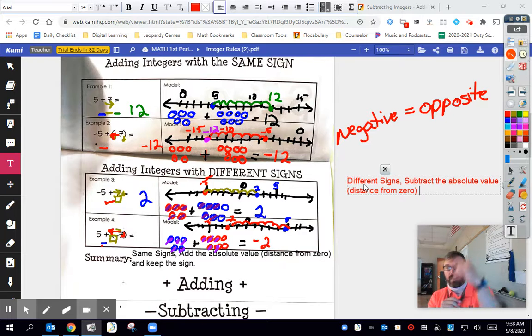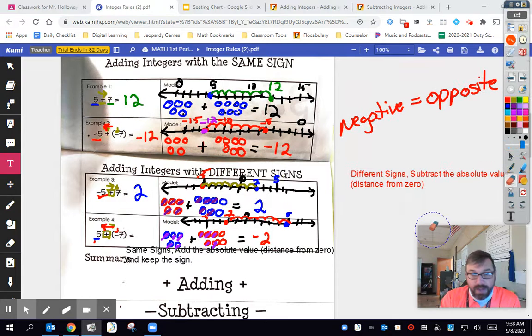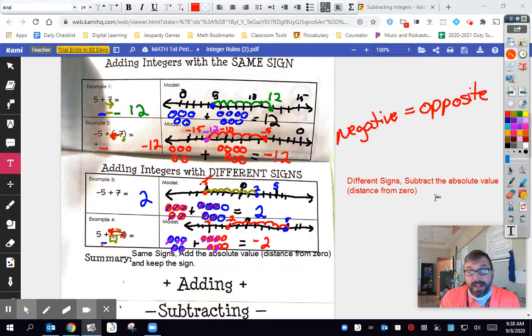But how did I figure out if it was positive or negative? Let me smidgen that off so you can see the number better. When I had the negative 5 and the positive 7, it was a positive 2. When I had a positive 5 and a negative 7, it was a negative 2. So it looks a lot like that 7. And that's going to be our rule.